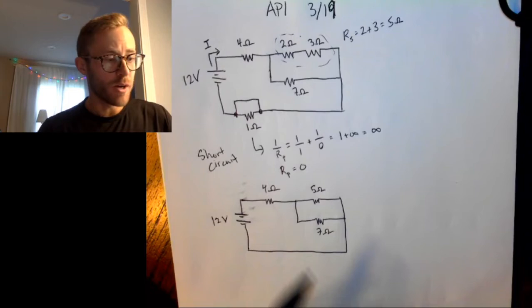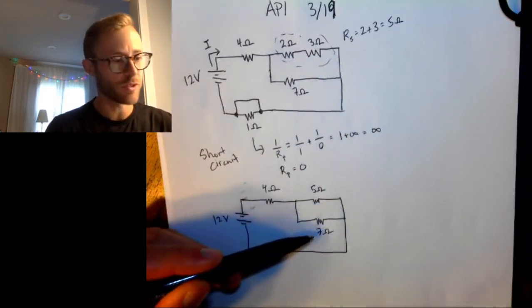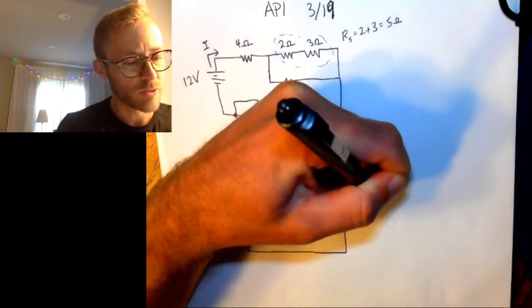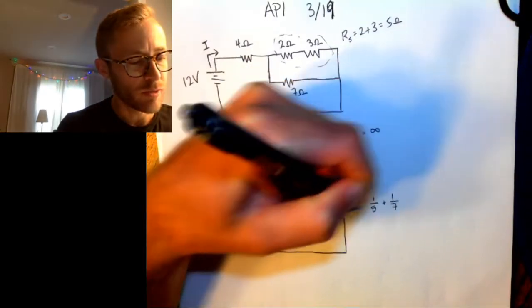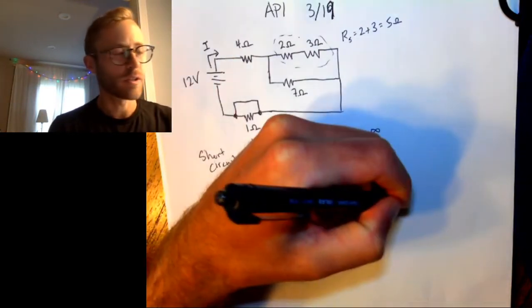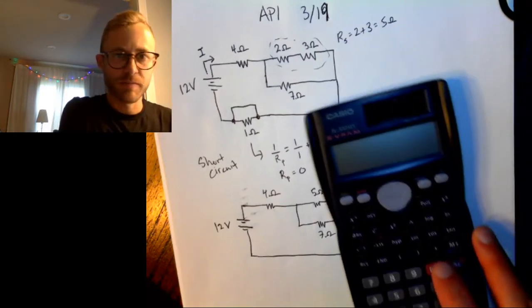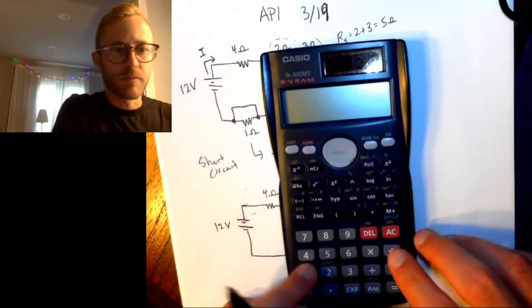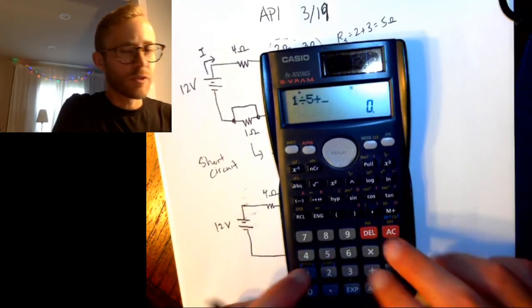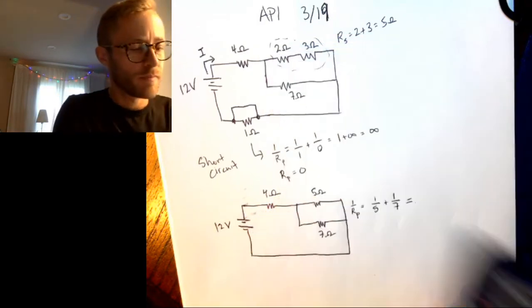Now that we've combined these two resistors, we can see that the combination is in parallel with 7 ohms. So we have 1 over 5 plus 1 over 7 equals 1 over R sub P. Getting out my calculator, 1 over 5 plus 1 over 7 equals 0.34.